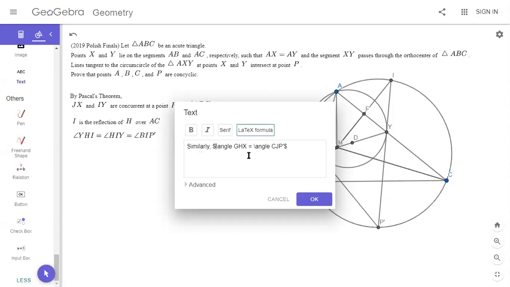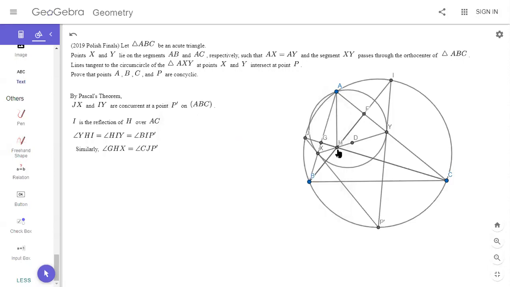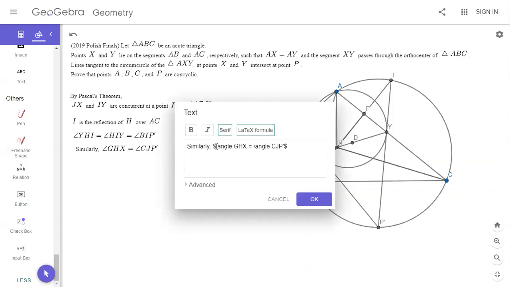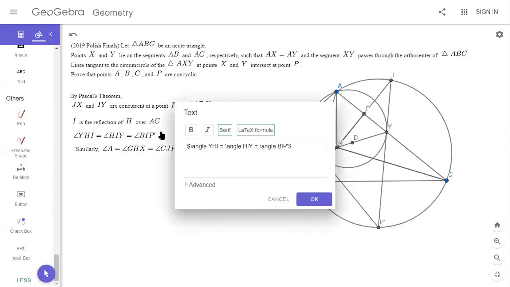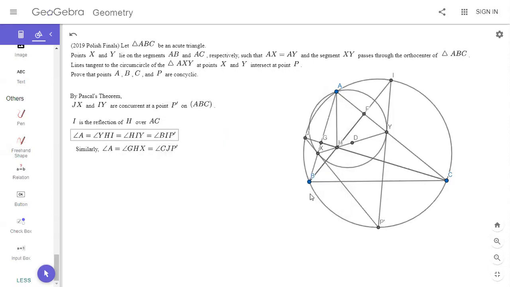And then if we combine the two, it's fairly easy to see that GHX is equal to angle YHI. I'll just write this out. And then these are also equal to angle A. And so therefore P prime is the midpoint of arc BC.